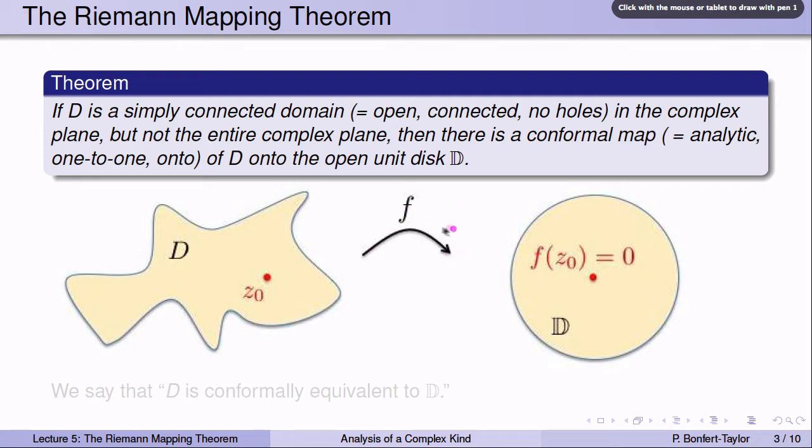And in order to make this mapping unique, you're going to have to find a point that you want mapped under f to the origin, and you need even a little bit more to make the mapping unique. We'll look at that in a second. We say that this domain D is conformally equivalent to the unit disk. This theorem thus says that any simply connected domain that is not the entire complex plane is conformally equivalent to the unit disk.